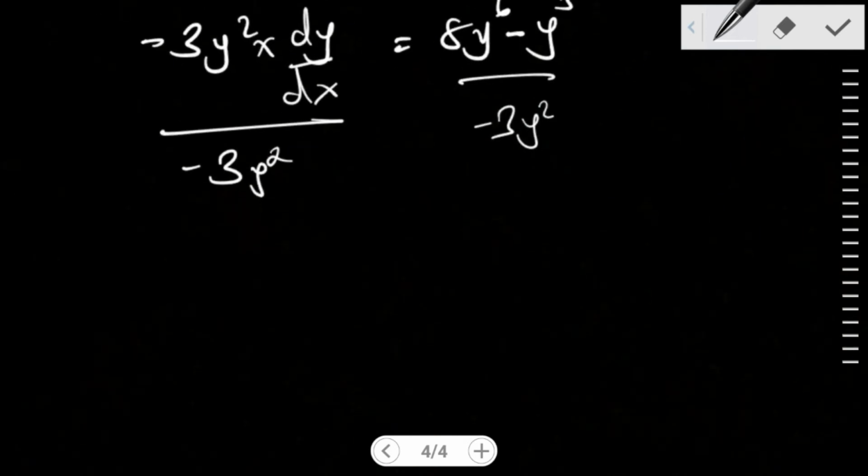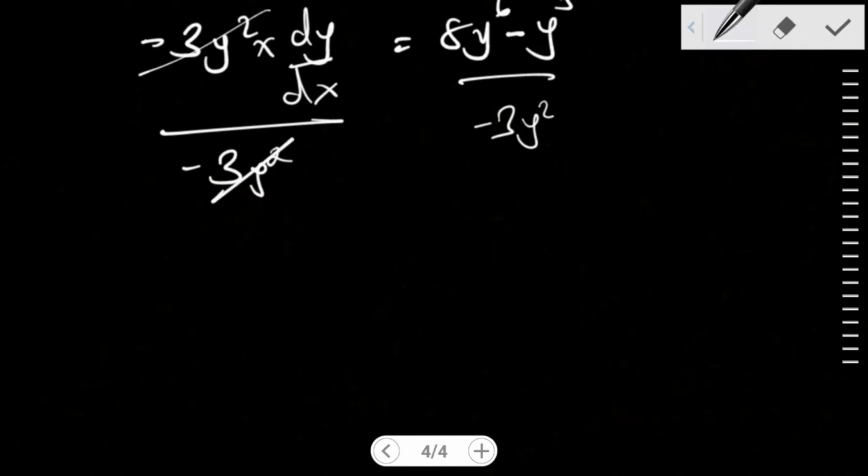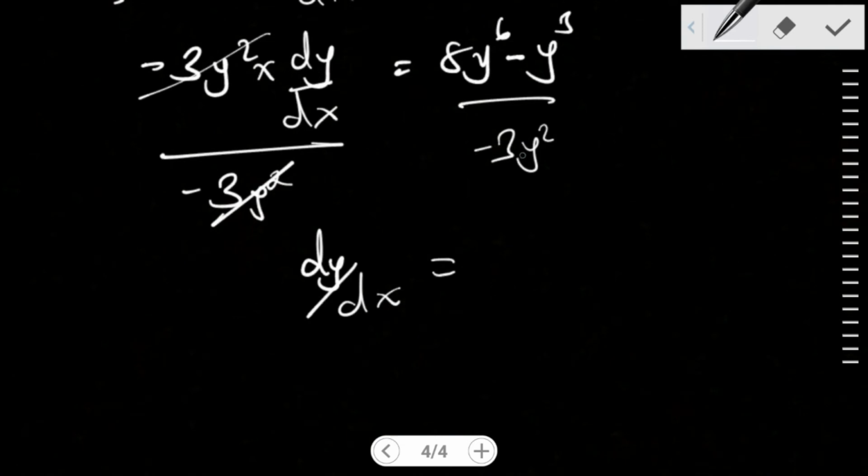And so here I'm going to have this going with this, and so dy/dx would be equal to, now if you look here, I'm having y throughout, so I'm going to have 8y to power 4 minus y, all over negative 3 in this case.